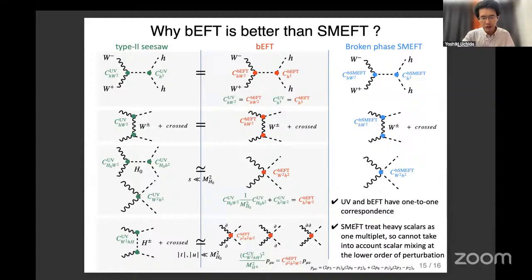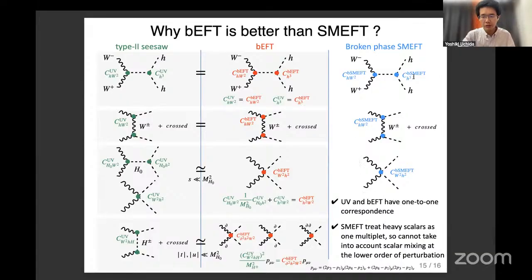But because the SMEFT treats the heavy scalar fields as one multiplet, which is the SU(2) triplet delta, we cannot take into account the scalar mixing at lower order of the perturbation.